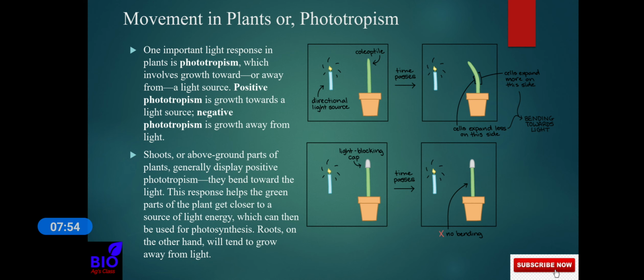But when you block that shoot by using a light blocking cap, it is not bending. That shows that the shoot will only bend in the direction from where it is getting light, not somewhere else.